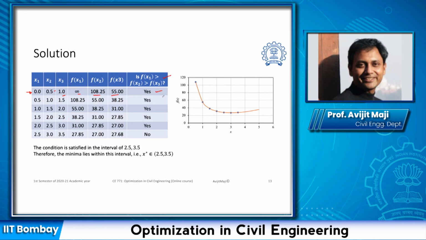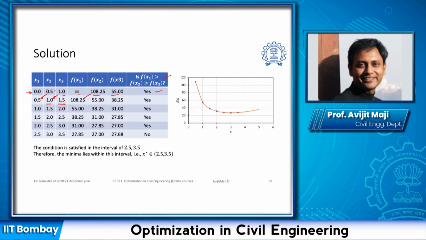So accordingly we adjust. My new x1 is the x2, which is going to be here. My new x2 is going to be the x3, which is going to be here, and my new x3 is going to be the s plus the x2, so it is going to be 1.5.